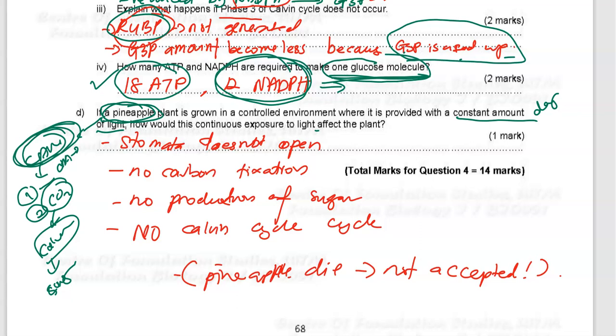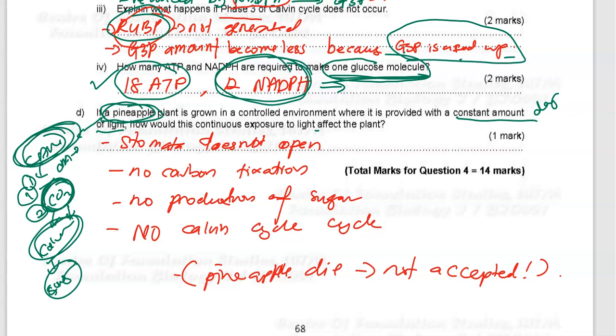So the first carbon fixation cannot occur, and carbon dioxide cannot be accumulated in the leaf of the pineapple during daytime. The concentration of carbon dioxide in the leaf during the daytime will be reduced, and it cannot fit into the Calvin cycle, and sugar cannot be produced.